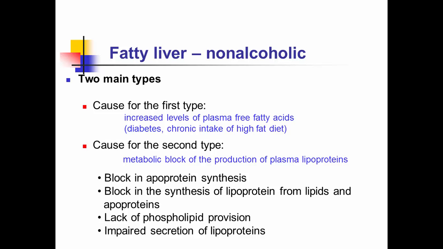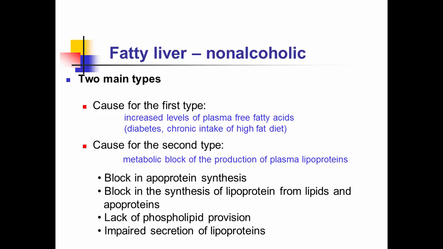So this is the first cause. And the second type of non-alcoholic fatty liver disease is some metabolic block in the production of lipoproteins, right? In other words, lipoprotein cannot be made in the liver, so it cannot transport triglyceride out of the liver.